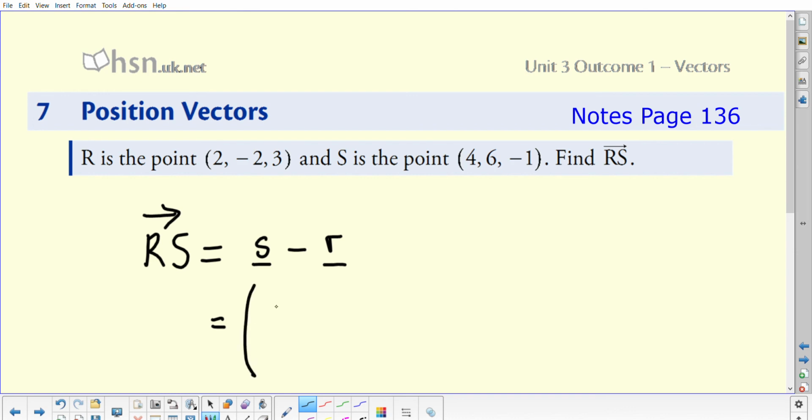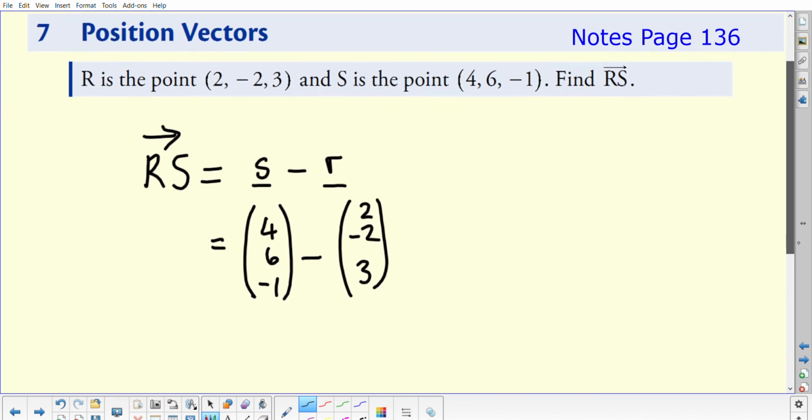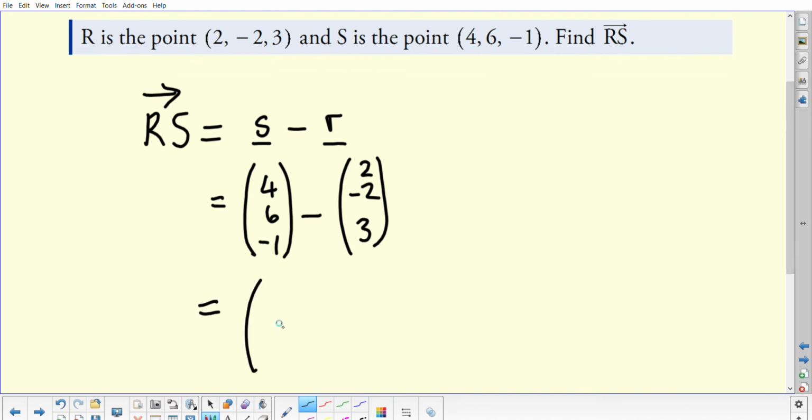And you turn your points into vectors. So your point S, 4, 6, minus 1, is written that way. Your point R is 2, minus 2, 3, written this way. And then it's just a case of subtracting those. So you get 4 minus 2 is 2, 6 minus minus 2 becomes 8, minus 1 subtract 3 becomes minus 4. And that's essentially all the work that you have made at National 5.